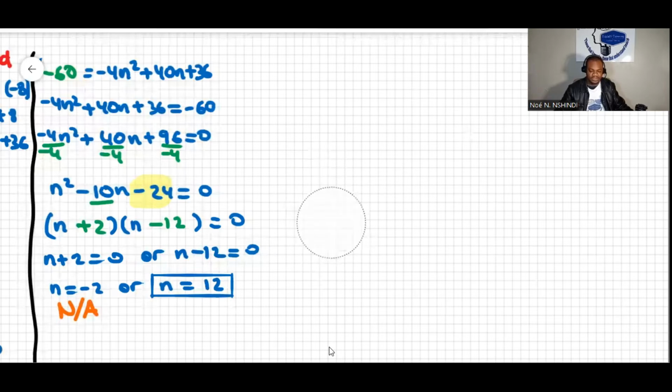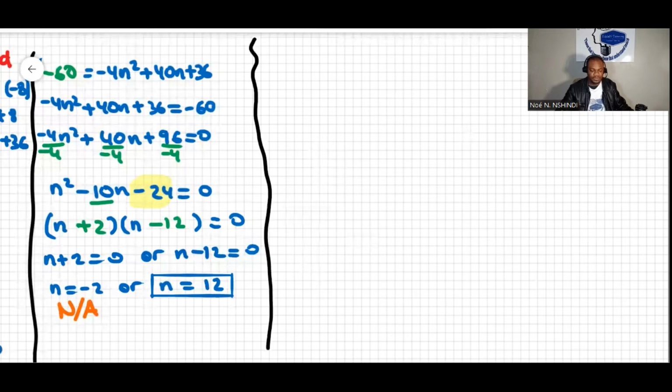Let me just erase this. 2.1.3. So we want the maximum value of Tn.